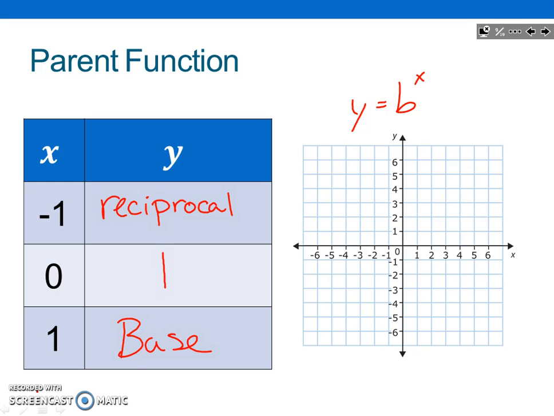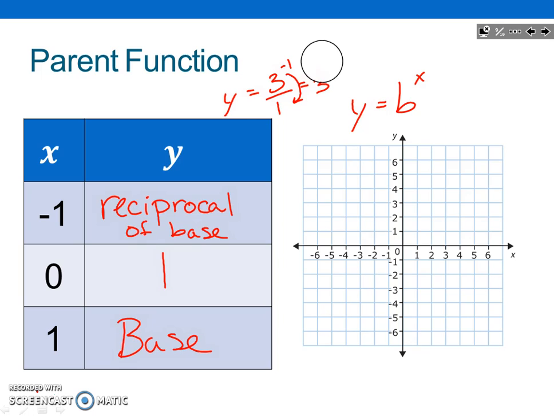Now -1, remember our negative exponents, we did this before. If I had 3 to the negative first, that negative made it move to the bottom, which made it 1/3. So we can say that our -1 is the reciprocal, and you can add down below, reciprocal of our base. No matter what that b is, it's going to be the reciprocal.